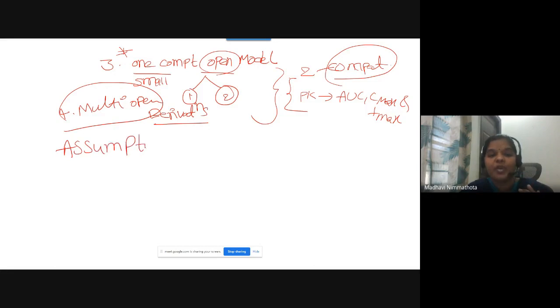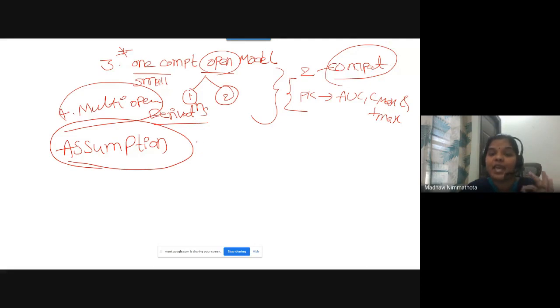We cannot predict that these are happening correctly or directly. These all are assumptions, so you must follow what they have given. See, this is one compartment and this is multi compartments. Multi means more than one. Either it may be 2 or 3 or 5. So this is of the fourth unit, right? So under third unit, you have one compartment open model.